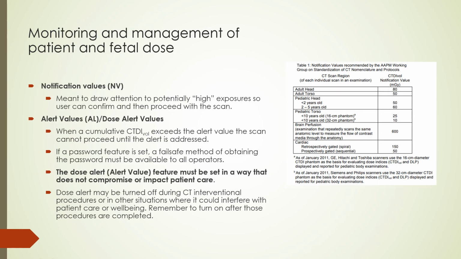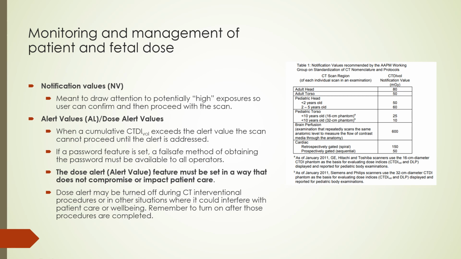There are two important definitions in the XR25 standard. This AAPM table provides a few recommended CTDI dose levels that imaging departments can use as a starting point to set dose levels on all protocols used for scanning patients. These dose levels are called notification values. These will cause a pop-up to appear when a technologist is about to scan a patient with a protocol that exceeds the notification value.